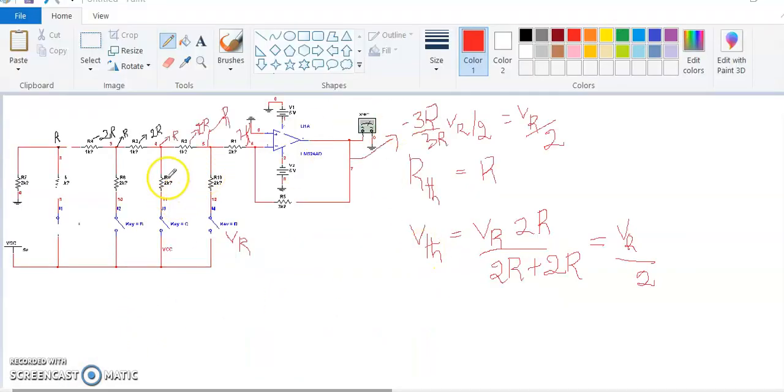This is our circuit I have opened in Paint. These are all 2 kilo ohm resistors. Suppose I assume this is the MSB bit, and this is the LSB bit. These are all 2 kilo ohm resistors, and these are all 1 kilo ohm resistors.